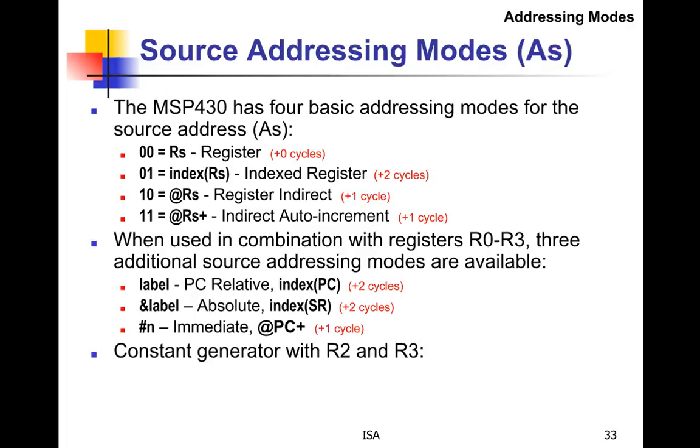And then with the constant generator, R2 and R3, you can go either -1, 0, 1, 2, 4, 8 from that, and that takes also 0 cycles. You can see the number of cycles on the other ones. So using the constant generator is 30% code savings, so it just makes it a little faster if you need those constants, -1, 0, 1, 2, 4, or 8.